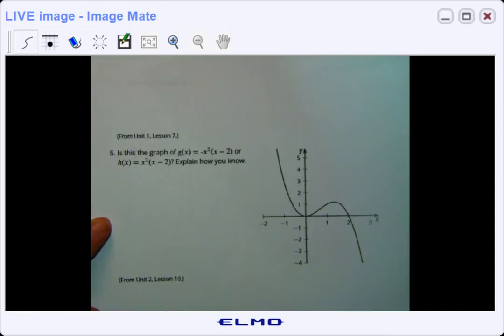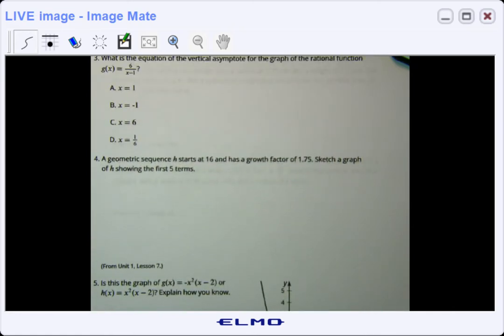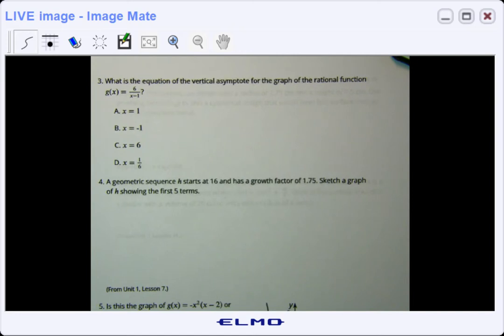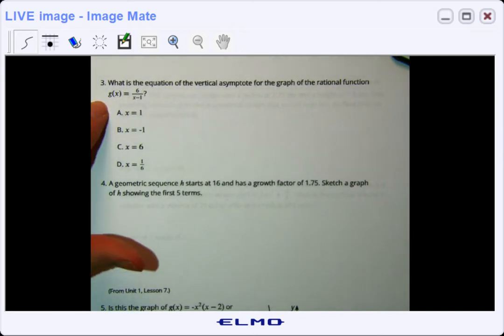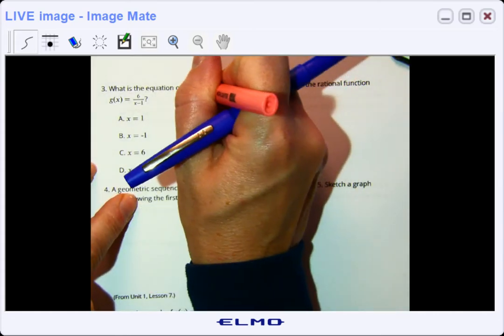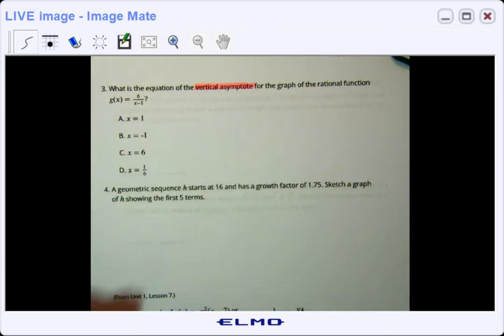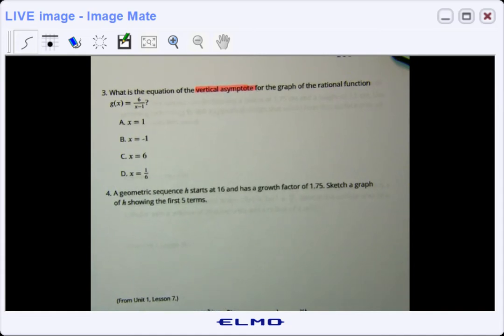Okay, let's look at number 3. So number 3 says, what is the equation of the vertical asymptote for the graph of the rational function g of x equals 6 divided by x minus 1? So remembering vertical asymptote, that vocabulary word we talked about in class today, they occur anywhere where the function is going to be undefined.